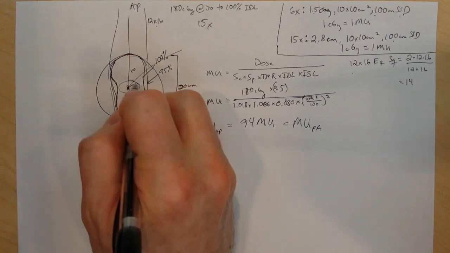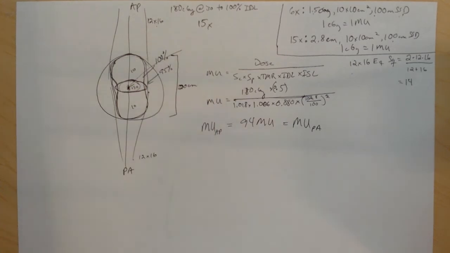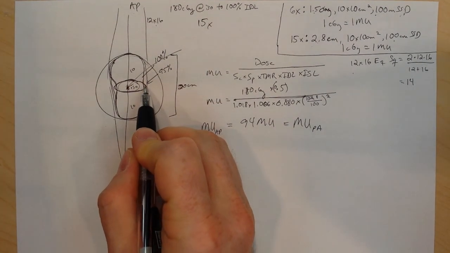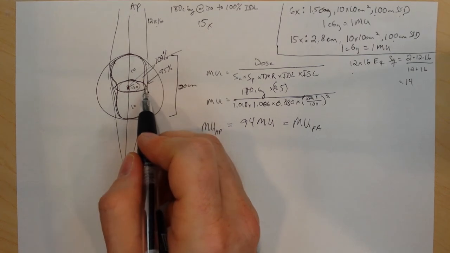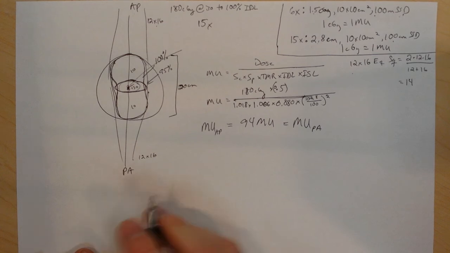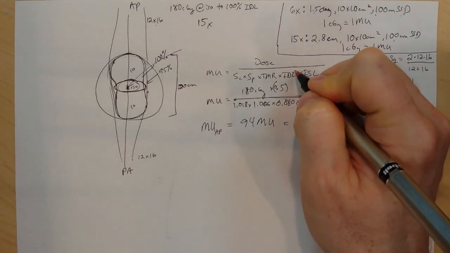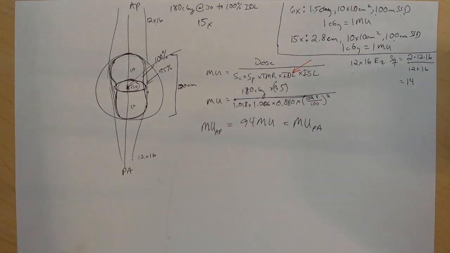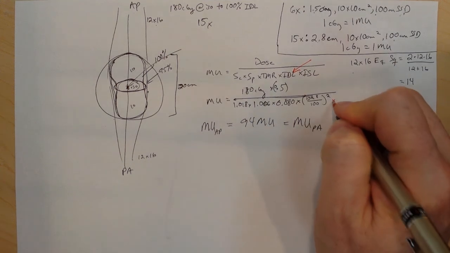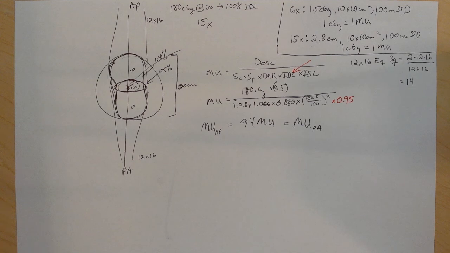Now, let's say my target's a little bit big. Let's say it comes out here outside the 100% line. The doctor comes in, looks at your plan and says, hey, I don't really have 100% coverage on my periphery. The 100% line bows in. I need to prescribe down to the 95% line. So how do we modify the equation? Well, now we'll put in a normalization factor. If he wants to prescribe at the 95% line, 0.95.